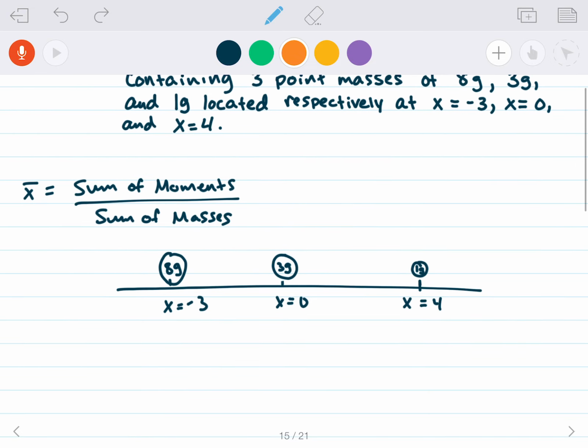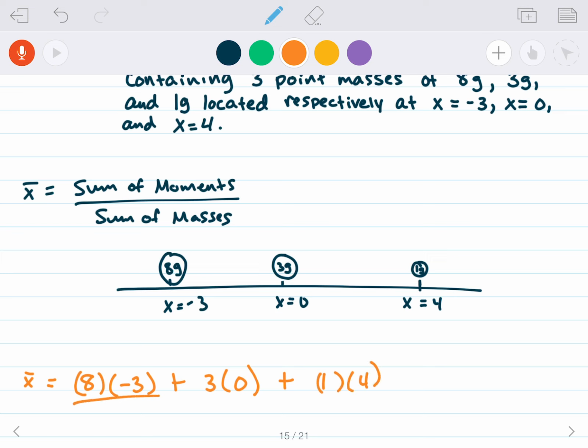So the calculation, the center of mass is going to be the sum of the moments. So the first moment we have mass times displacement, so 8 times -3. The second moment is going to be mass times displacement, so 3 times 0, plus the third moment is going to be mass times displacement, which is 4.